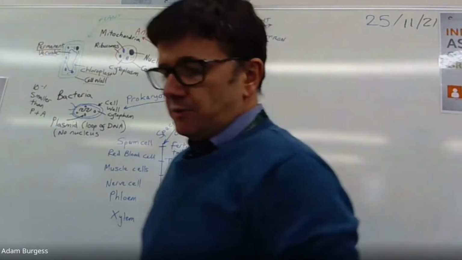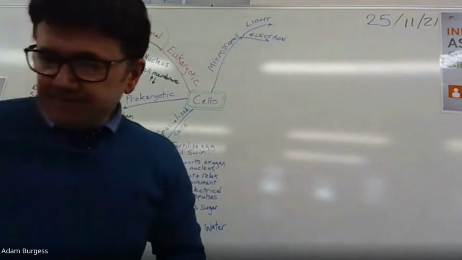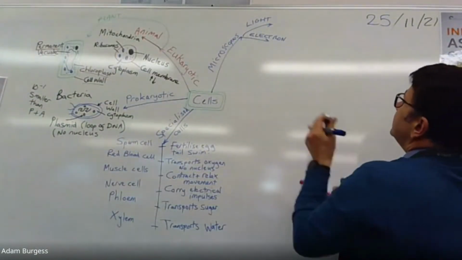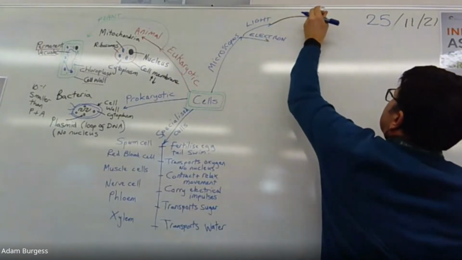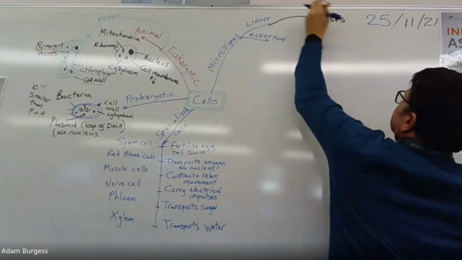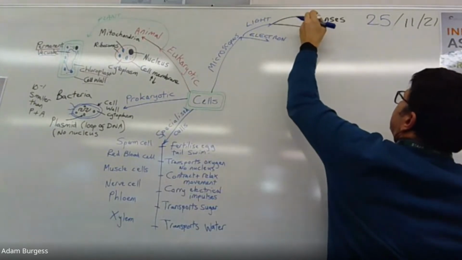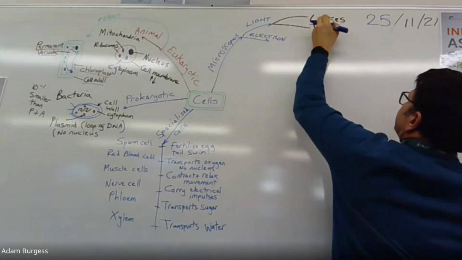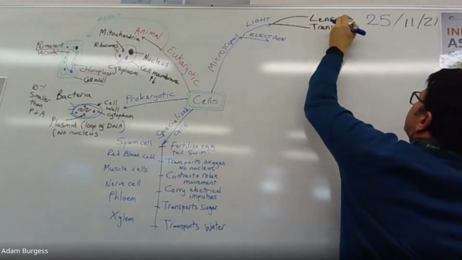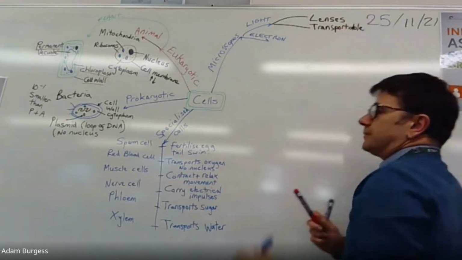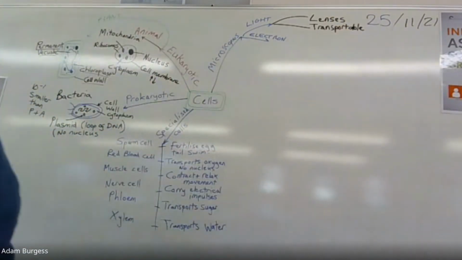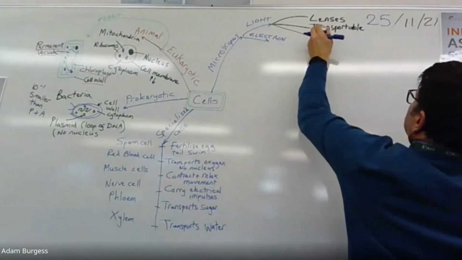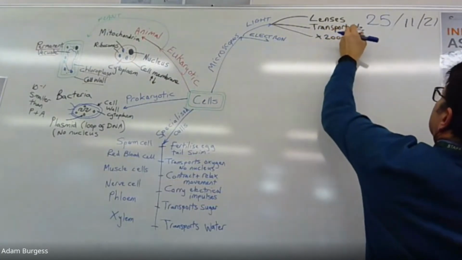So, a light microscope uses lenses. Tends to be transportable, so it's small. It's about times 2000 magnification on them.